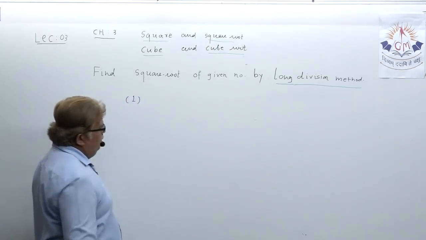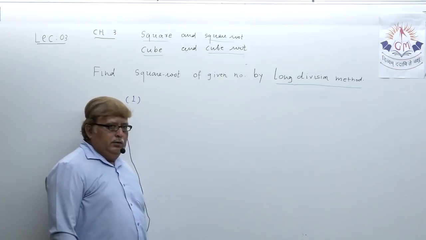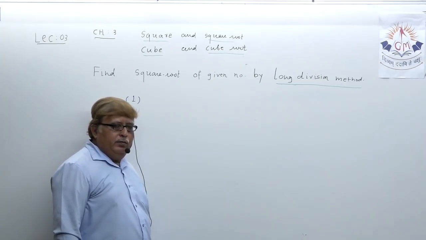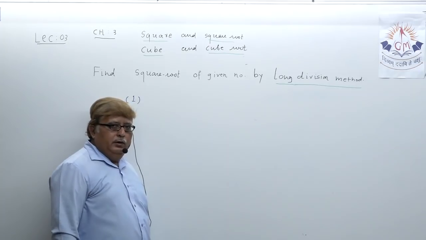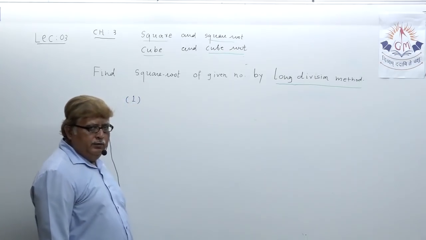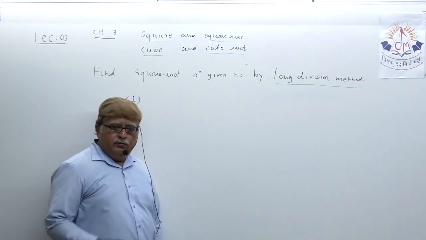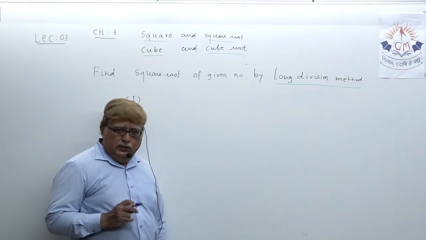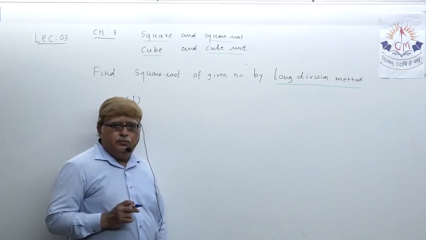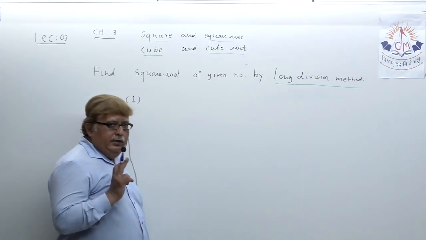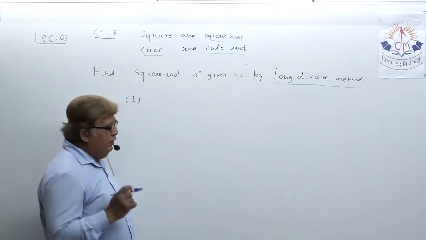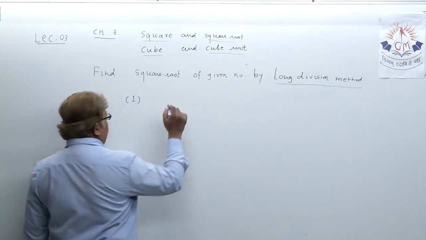Example number 1. We have to find the square root by which method? By the method of long division. I am taking intentionally such example whose square root you already know. But for the clarity of concept, I am intentionally taking this example.